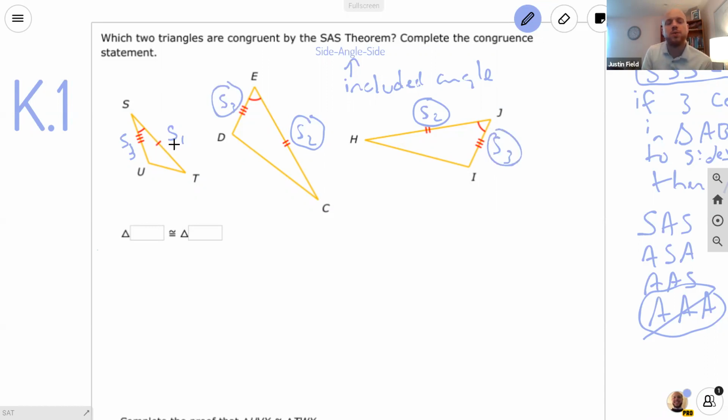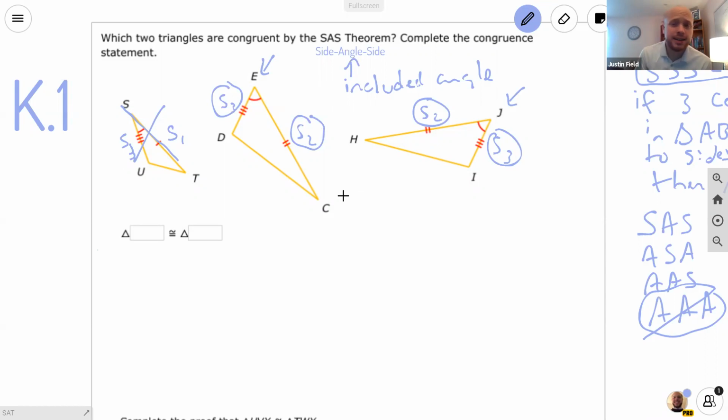I don't know why they put a 1, because we don't usually put a hash mark if there's not another side that's the same. But maybe they're trying to trick you. So that triangle is not congruent to the other 2 because it's the only one with the S1. And you can see the S2s, you can see the S3s, and in between the S2 and the S3 is an angle, angle E here and angle J here.